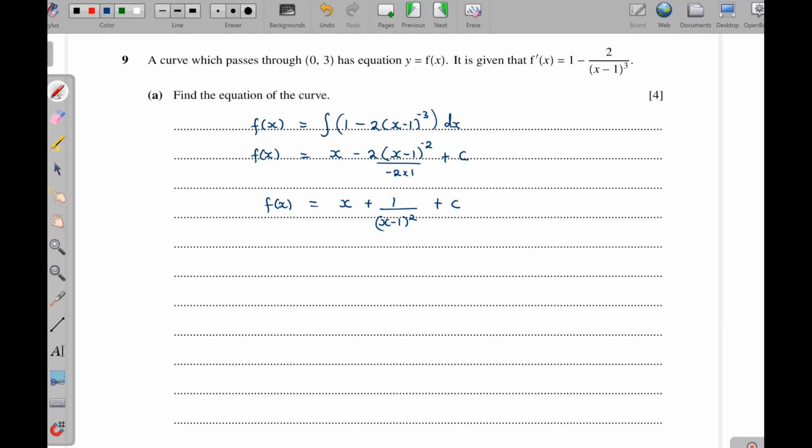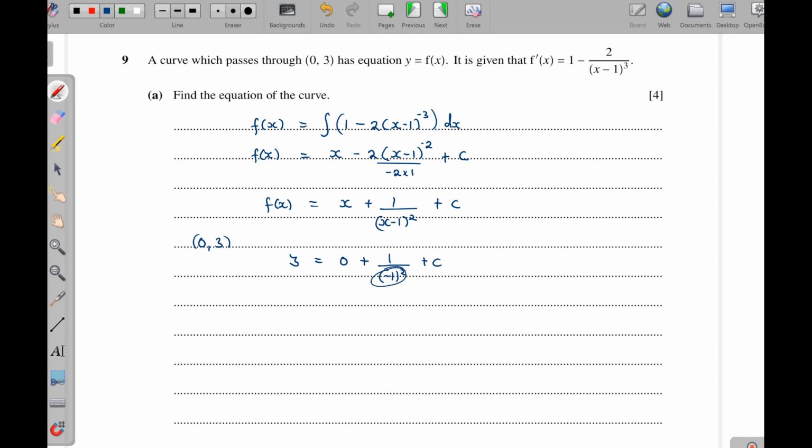Now, if a point lies on the curve, that means its coordinates must satisfy the equation of that curve. So I will use this point here, (0, 3). That means x is equal to 0, so we shall have 3 is equal to 0, then plus 1 over negative 1 squared, then plus c.